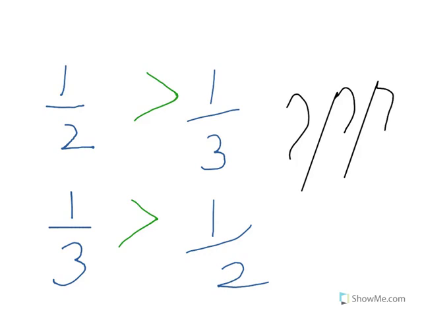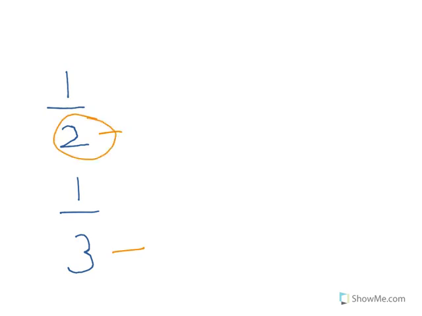So when we are doing this, I will have half and a third. When you're comparing fractions, you need to make sure that the denominators, which is this part, should be the same. We have a denominator 2 and a 3, so I need to make sure it's the same. So I will multiply by a number that will give me the same denominator.